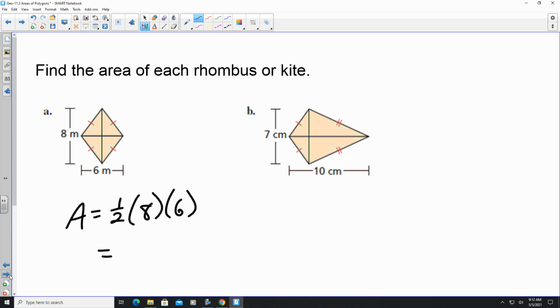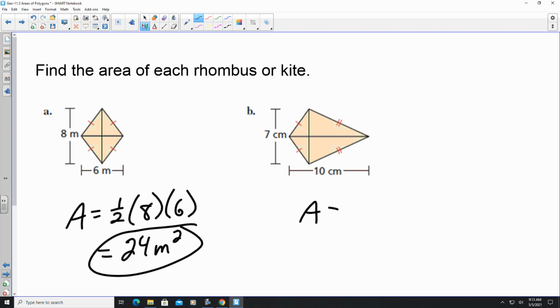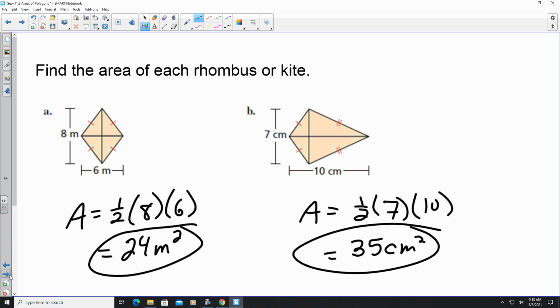You multiply them all together, it's going to be 24 square meters. Looking at the same thing for the kite, example B, 1/2 times 7 times 10, which is going to give us 35 square centimeters. All right, relatively straightforward.